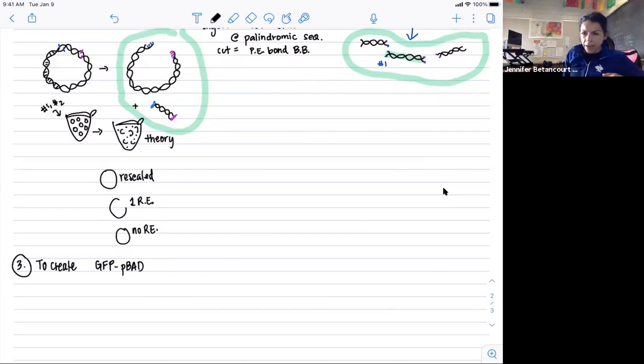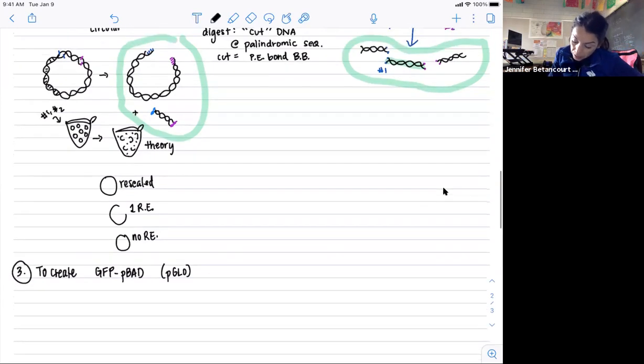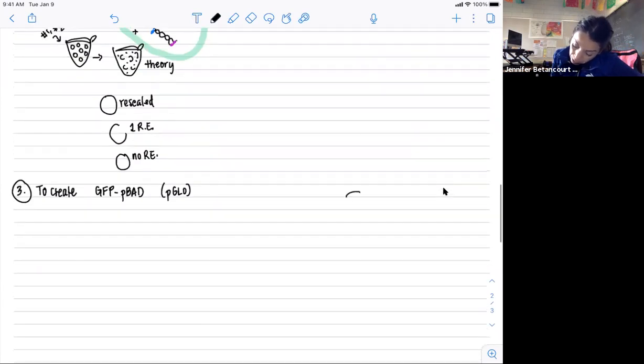I think in the video I said if you do create this recombinant plasmid, we're going to call it p-glow. So what you're hoping to create is here's your p-bad backbone.